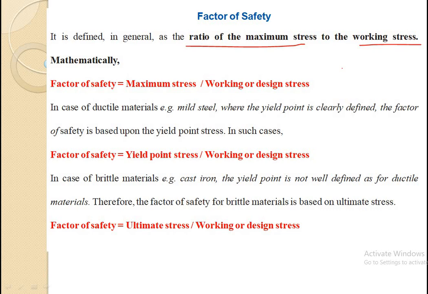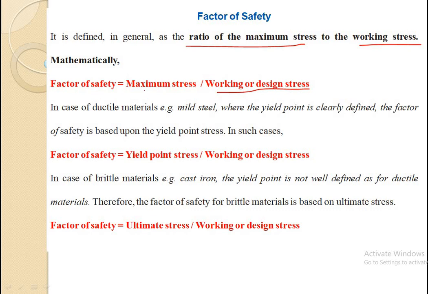Now when we studied the stress strain diagram, at that point we learned what is meant by the maximum stress and what is meant by the working stress. It is also known as the design stress. Up to this stress, that is the working stress, that element is safe. So by taking into account that value of working stress, we have to design that component. So factor of safety is the maximum stress.